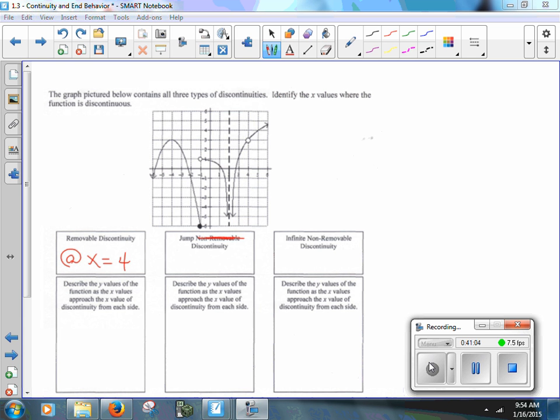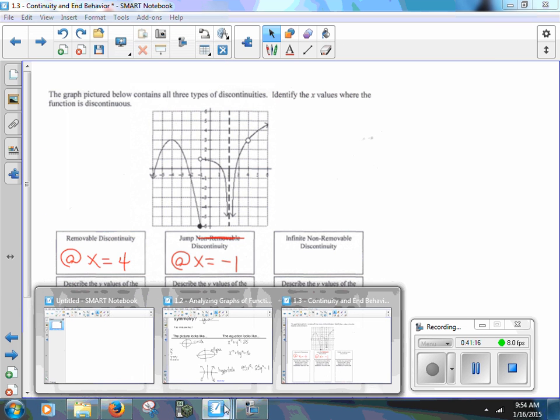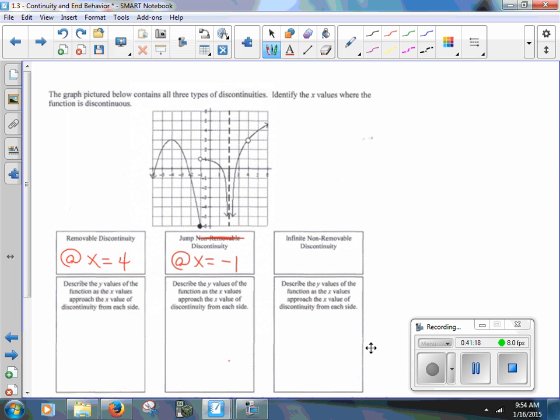When X is equal to -1, there we go. At X equals -1, we have where it jumped from the open circle when Y was 1 down to the closed circle when Y was -6, right?